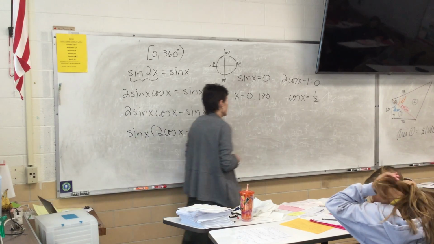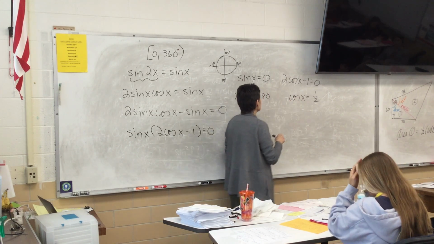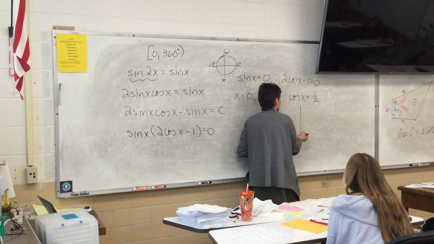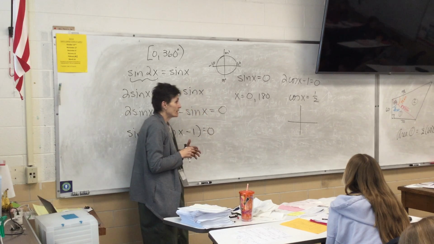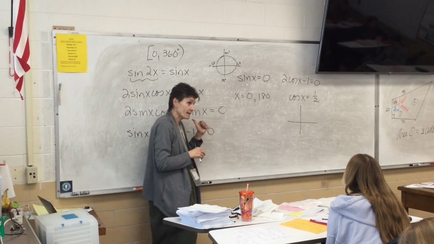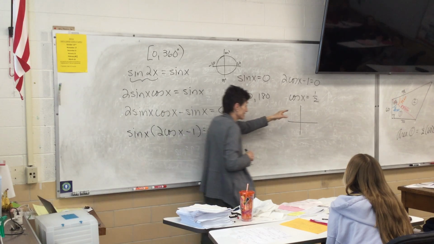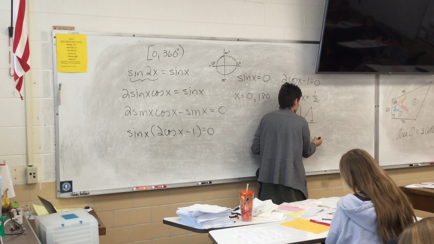Now, this is not on the circle, or I shouldn't say that, it's on the circle, but it's not one of these. This, I can draw a triangle for. If sine is y, then cosine is x, and it's positive. X is positive here and here.